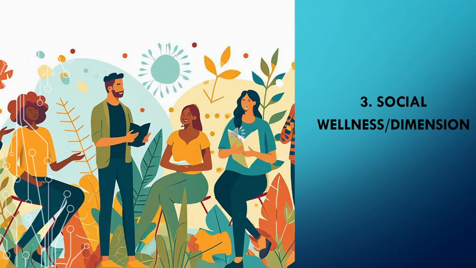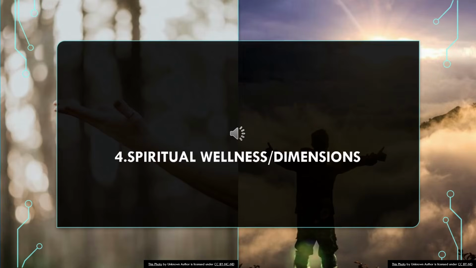Coming to the third dimension of health, it is social wellness. It is the ability to relate or connect with other people in the world, to establish positive relationships, especially with our family members, friends, and co-workers, who contribute to our social wellness. Next is spiritual wellness.